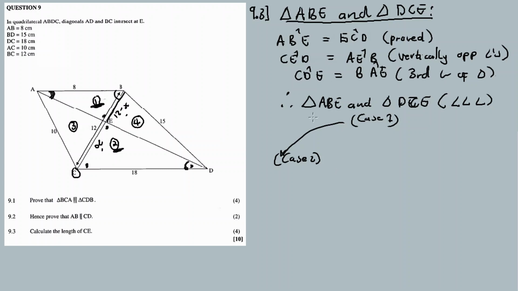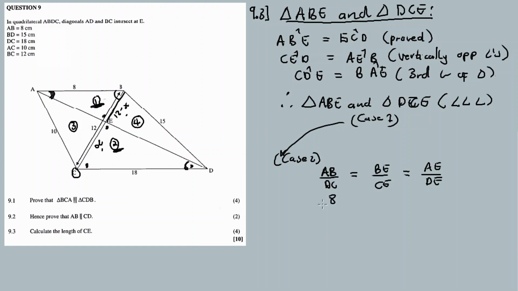So kuba AB over DC equal to BE over CE equal to AE over DE. What's the value for AB?